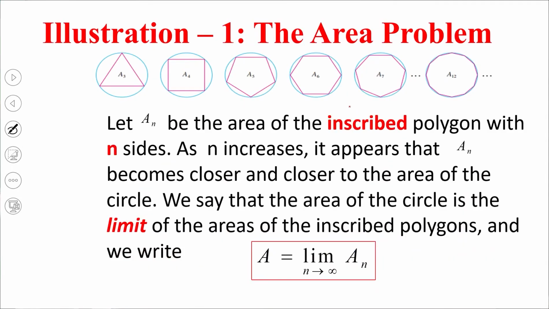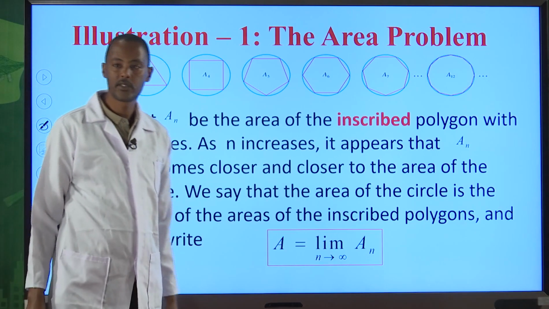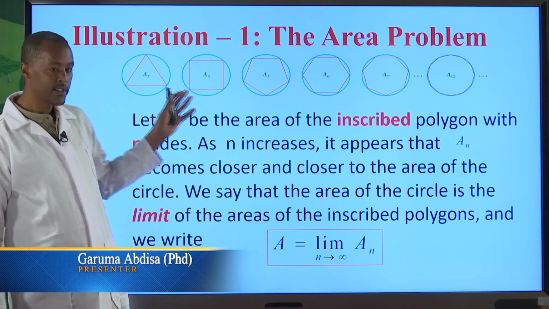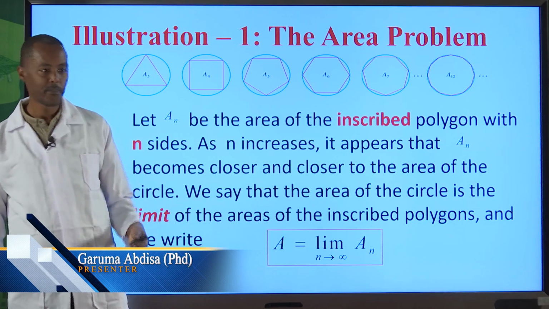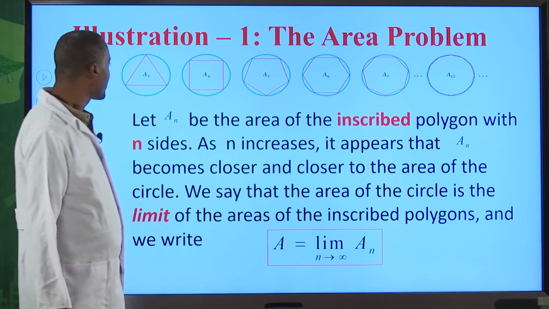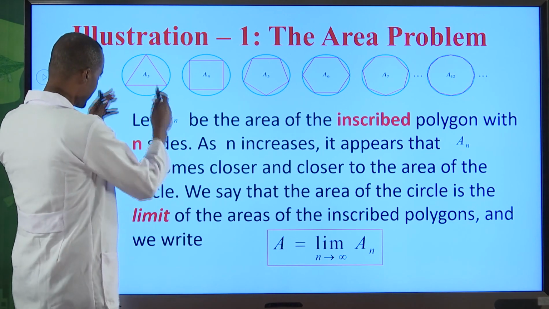So for example, if I wanted to find the area of this circle, assume for the moment that we don't have a formula for the area of a circle. There is no formula for area of a circle. This is what you have to assume, because I'm taking you back a few centuries, when mathematics was being developed for the first time.